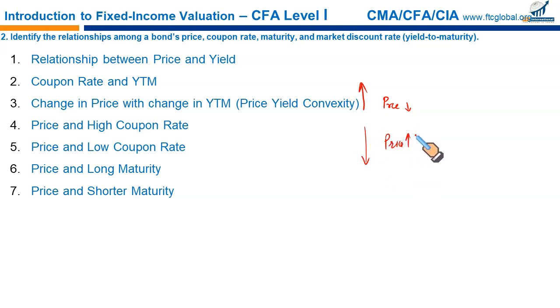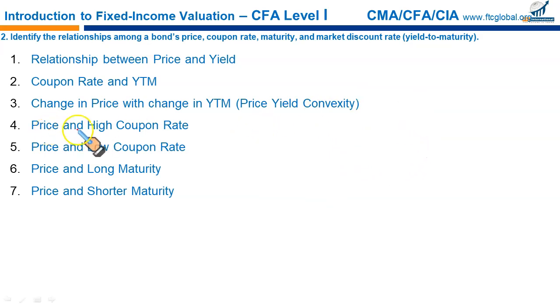Now the price-yield convexity suggests that when the YTM increases, the percentage decrease in price is lower compared to the percentage increase in price when the YTM decreases.